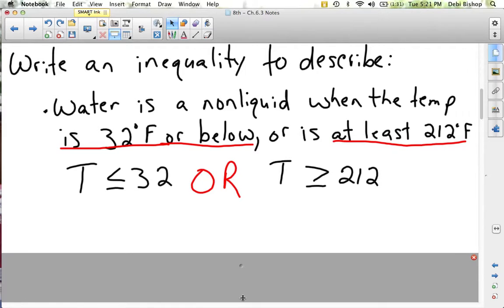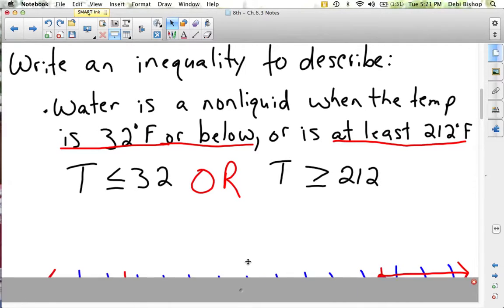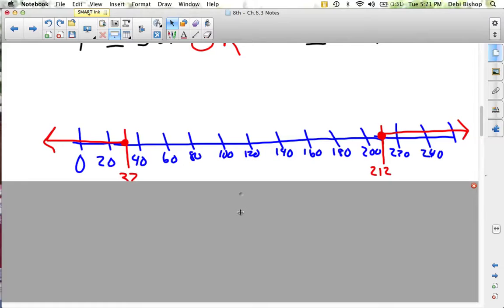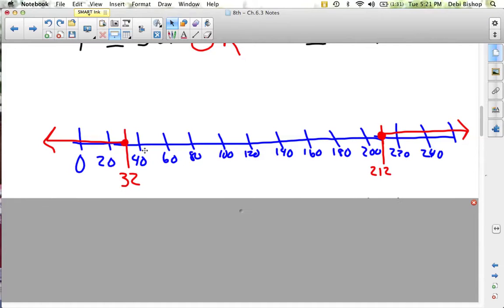So if I were to combine these on a number line, I, again, write my number line, and I apply what I have learned. So I know that the first part of this is it needs to be 32 degrees or less than. So that's my solid circle, and that's going less than.